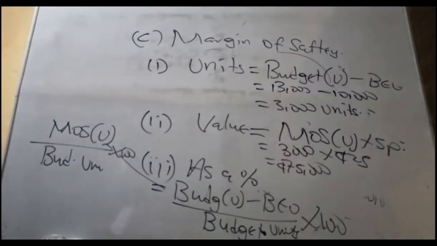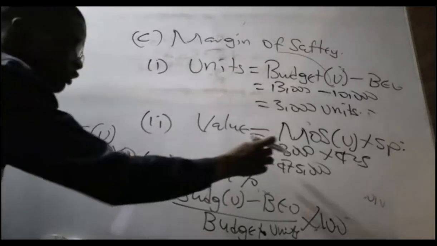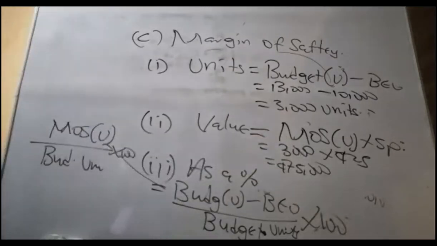Now, the margin of safety in units is 3,000.